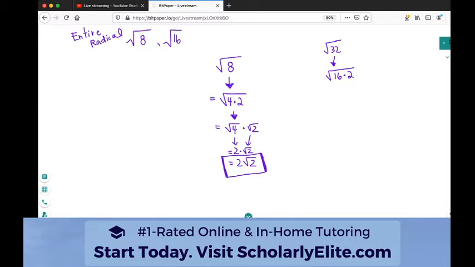I know that 16 is a perfect square, so that's going to be wonderful for me because I'm going to be able to split this up into root 16 times root 2. Then 16 is simplified into 4, and the root of 2 stays the way it is. This is going to be 4 root 2. So that's the final answer for that one.